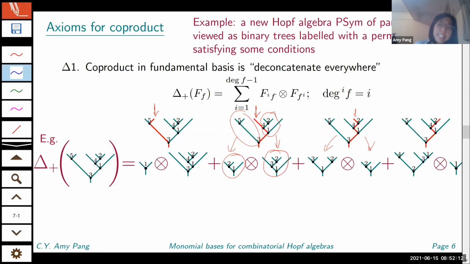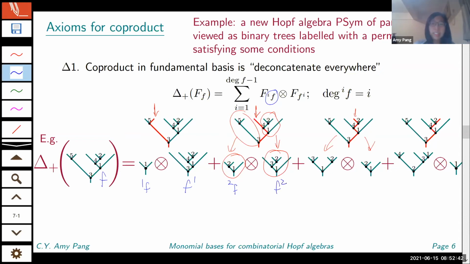And this is my notation for deconcatenation, so that the left piece has size i. So for example, if this tree is called little f, then this would be called 1f, and this would be called f1, and this would be like 2f, because the degree here is the number of internal nodes.